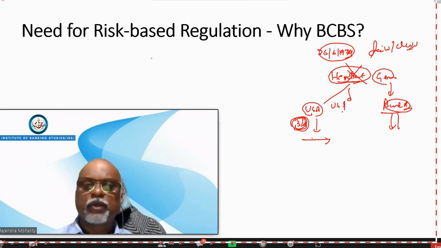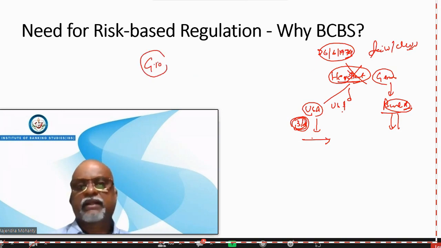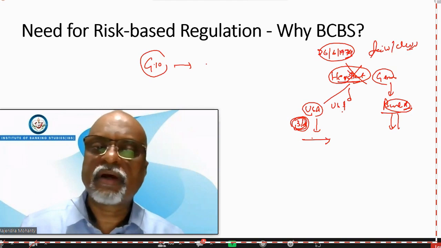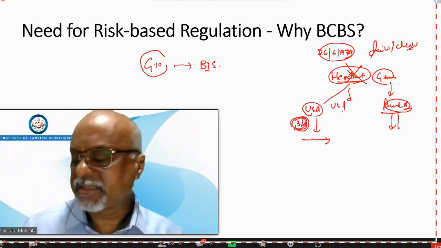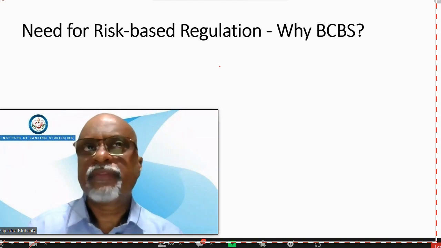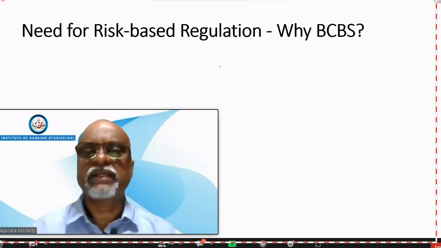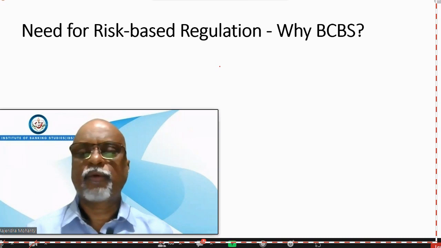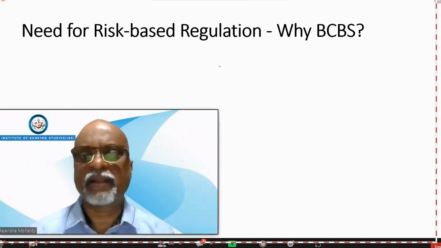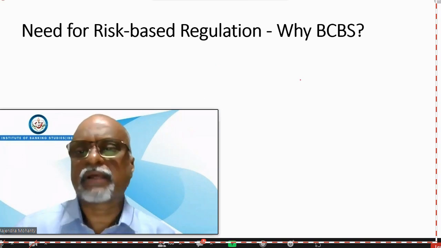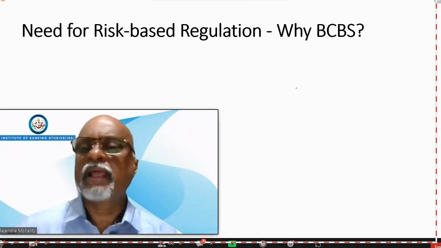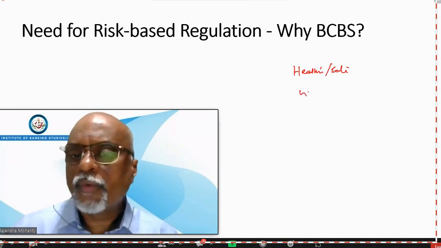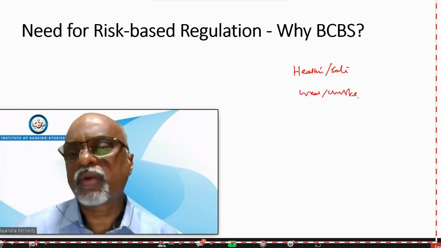Finally, a group of 10 countries, the most developed countries, the G10, sat together with the help of the Bank for International Settlements, and they arrived at a decision that one fundamental benchmark should be assigned to a bank, which might be based on the capital, how much capital they are maintaining, so that anybody who sees that benchmark can decide whether the bank is healthy or safe, or weak or unsafe, so that we are not going to deal with the bank.